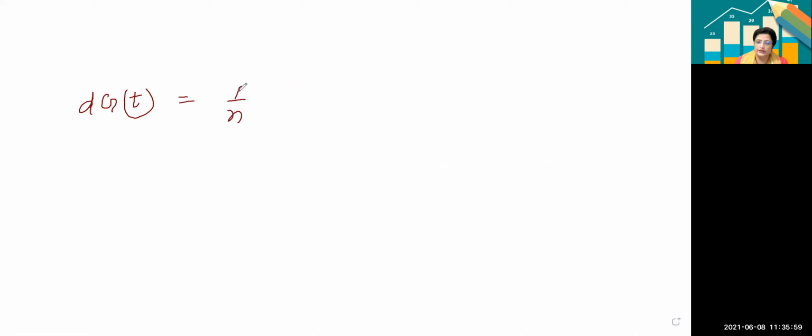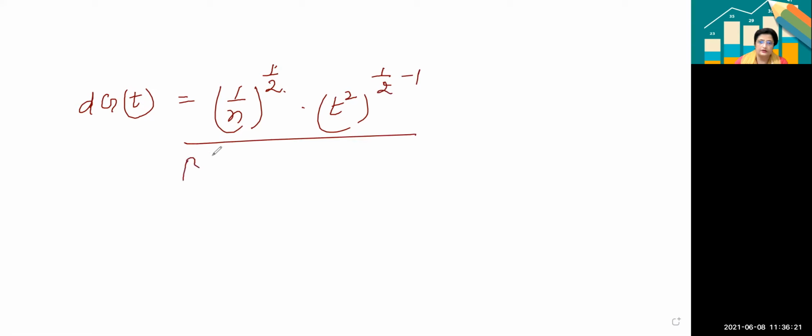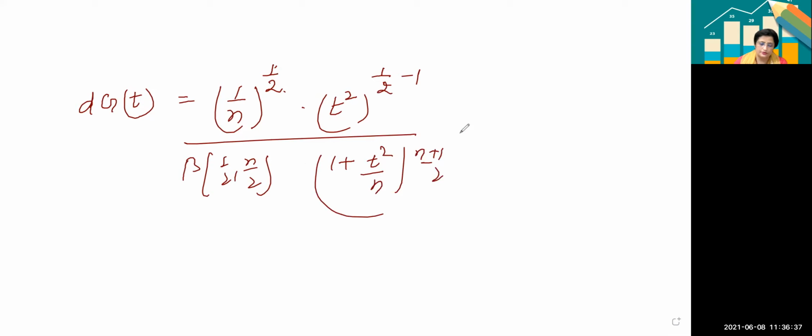Now n1 is put as 1 and n2 as n. So the first term, which above was n1 by 2, becomes power 1 by 2. Here it was F raised to power, so this becomes T square raised to power n1 by 2 minus 1, upon Beta 1 by 2, n by 2. We have done all these transformations. And here it was nu1, n1 by n2, with n1 is 1 and n2 is n, so this becomes T square by n whole raised to power n plus 1 by 2 into 2t dt, where 0 less than T square less than infinity.